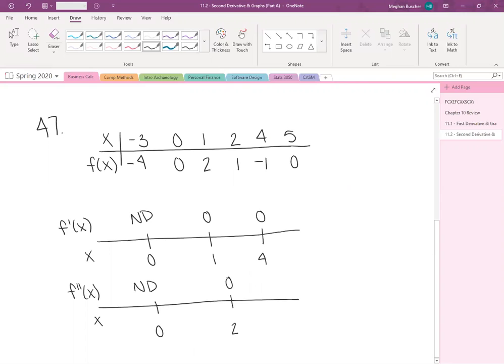So quick question. What do we call these guys here, where the first derivative is equal to 0 or not defined? Aren't those the critical numbers? Exactly.